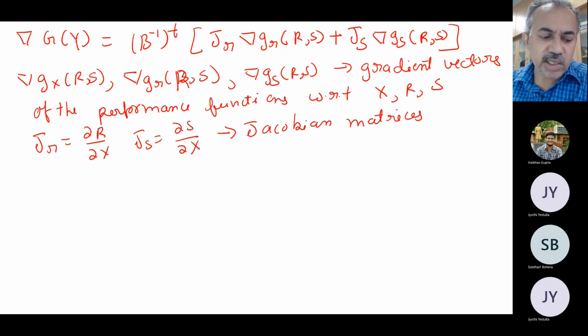This is just terminology to differentiate between all these derivatives, and these are the original gradients themselves.